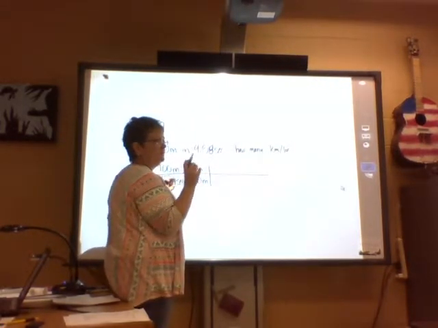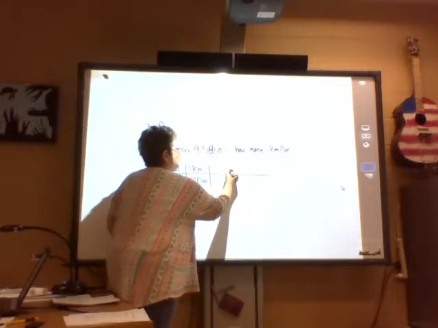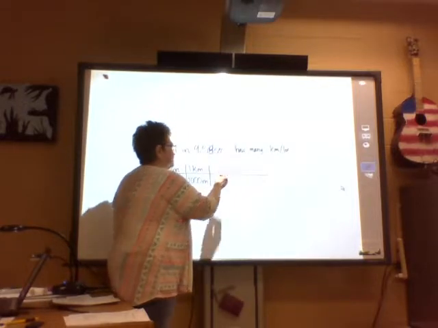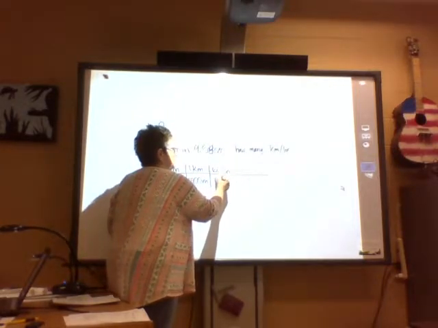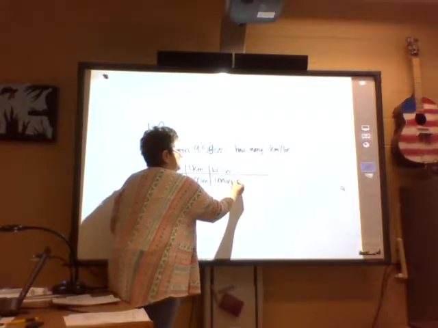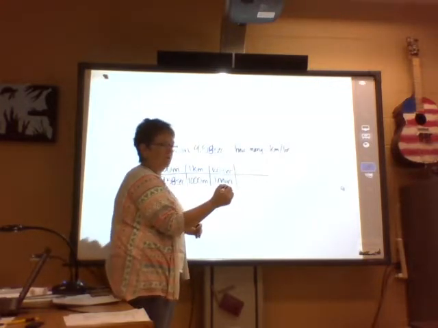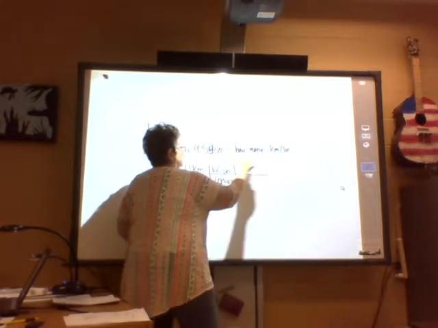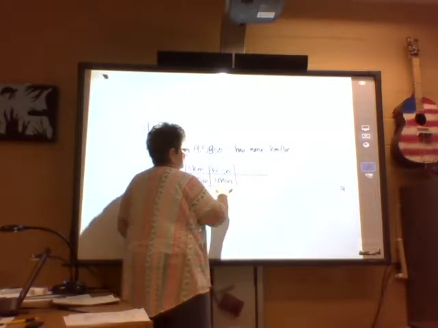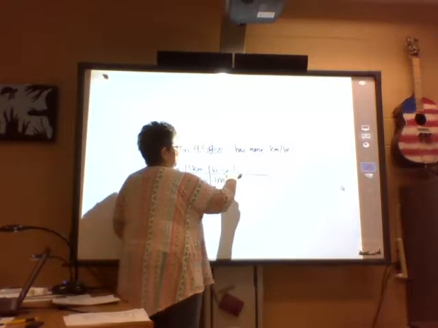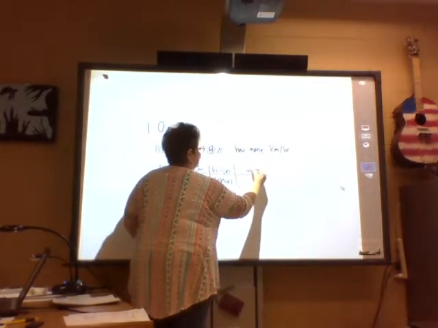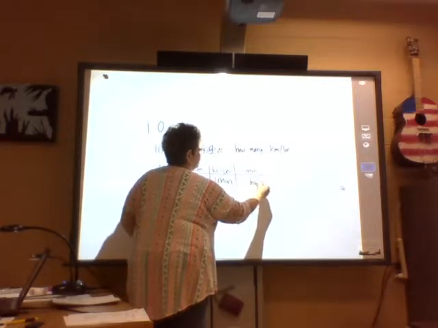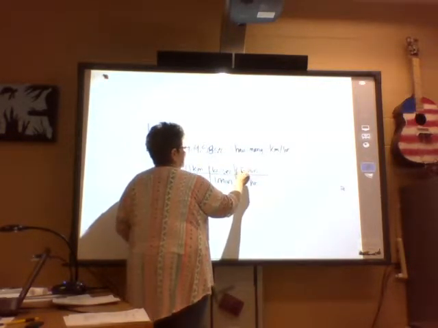We're not going to put a bunch of stuff together. I have seconds here, so my label goes seconds, because I know there are 60 seconds in 1 minute. I have my kilometers, but I do not have my hours yet, I'm still in minutes. So I put minutes up here, because I have minutes down here, and I know there's a relationship between minutes and hours: 60 to 1.